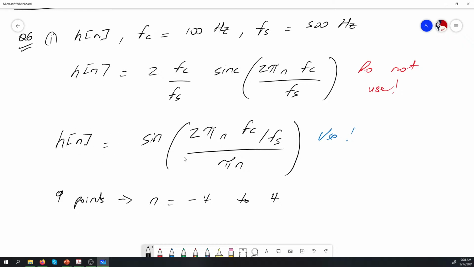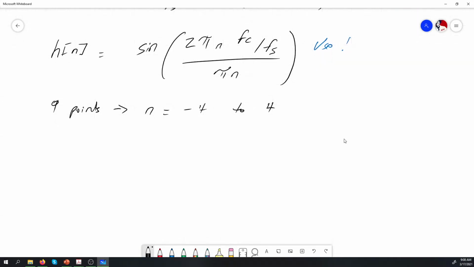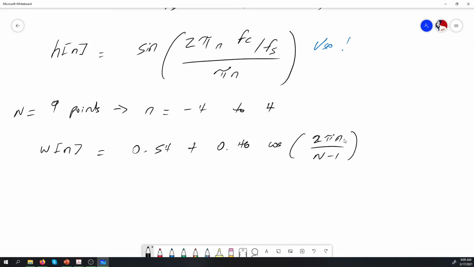So we need this h of n first, and then we can calculate out our window function for the Hamming window. So we know w of n here is equal to 0.54 plus 0.46 cosine of 2 pi n divided by N minus 1. And capital N here was 9.